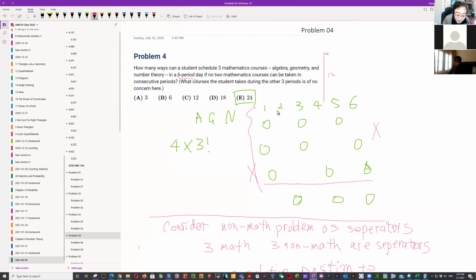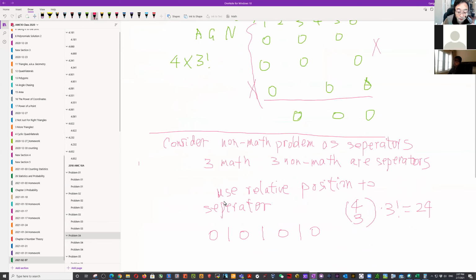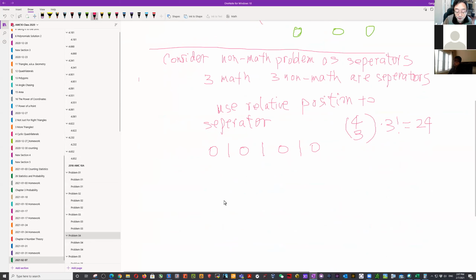That's unimaginable. With the second method, it still works, because if I have 12 periods and 3 math, then I have 9 non-math. And 9 non-math create 9 separators, 1, 2, 3, 4, 5, 6, 7, 8, 9.